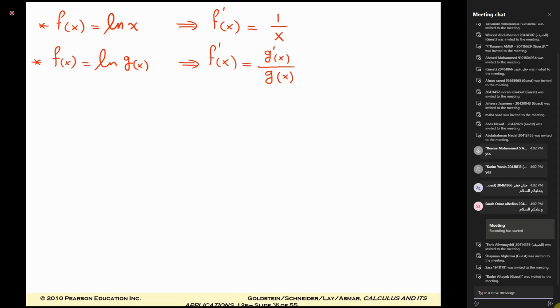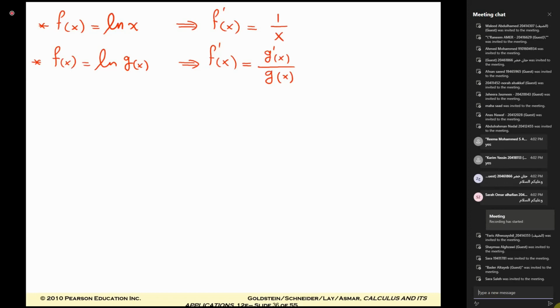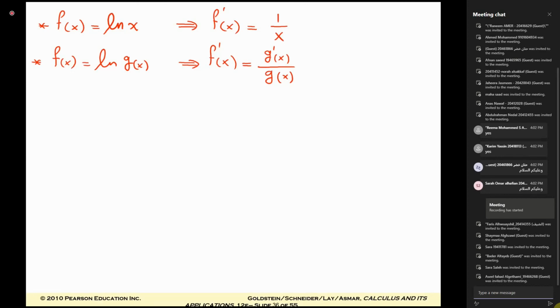So the derivative of ln is very easy: just find the derivative inside the ln over what is inside the ln. Okay. Also for ln x, what's the derivative of x? 1. So put it 1 over x. This is inside the ln. Okay. Now examples for these laws.